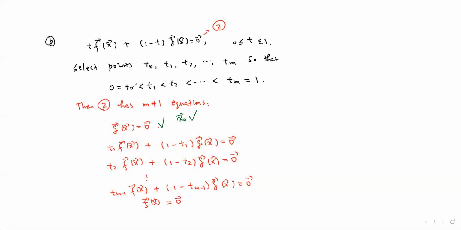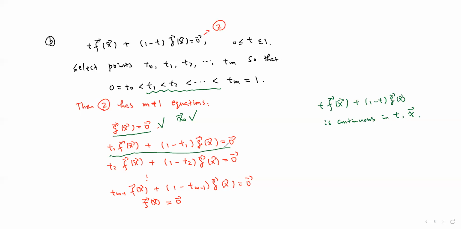If these points are close enough to each other, and assume this function is continuous in t and in x, when these partition points are close enough, we can imagine that the root of the first equation and the root of the second equation are close.